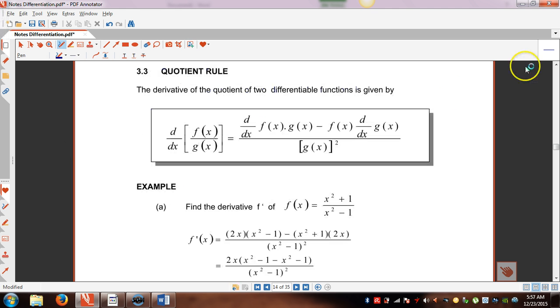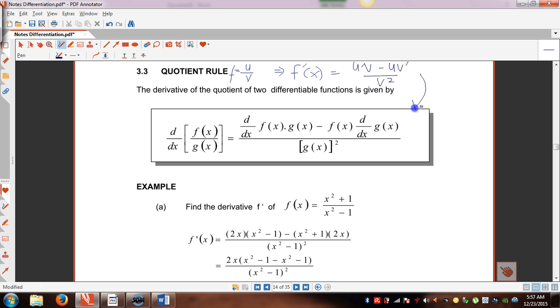Okay, we look again at the rules, another rule, the second rule: the quotient rule. The quotient rule is specifically for u over v. Please make sure u is the numerator and v is the denominator, right? For example, f equal to u over v. To get f prime x, we have u prime v minus u v prime over v squared.